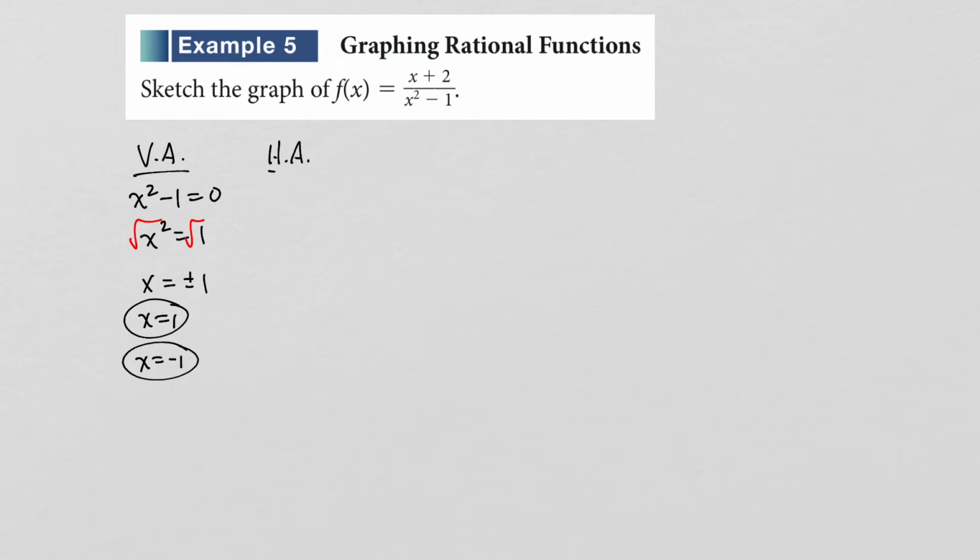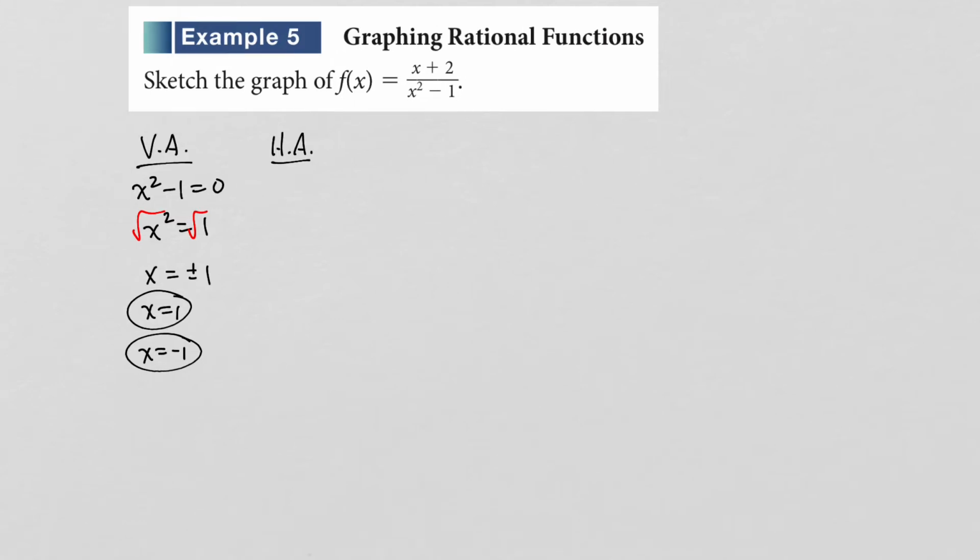For the horizontal asymptote, notice that the degree in the numerator is 1. The degree in the denominator is 2, and when the degree in the denominator is larger, then the horizontal asymptote is y = 0. Let's also find the x-intercepts and y-intercepts while we're at it.